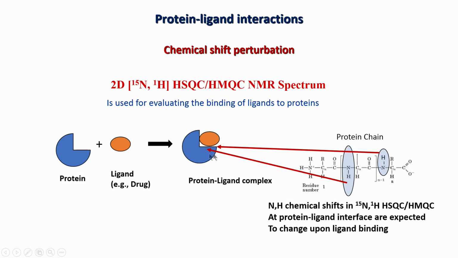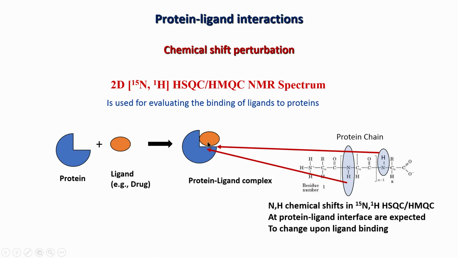Now, in the protein chain, let us say this is a big protein chain, the amino acids sitting on the binding interface with the ligand are expected to change chemical shift when the ligand binds to the protein.